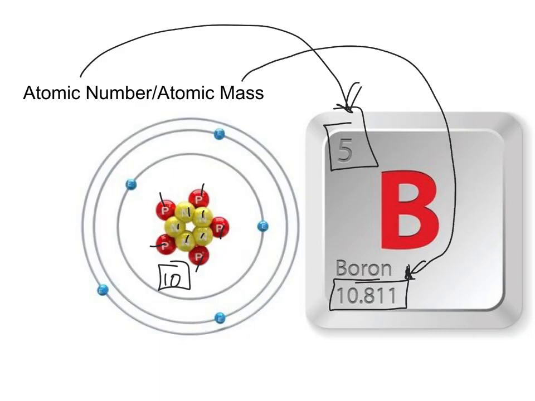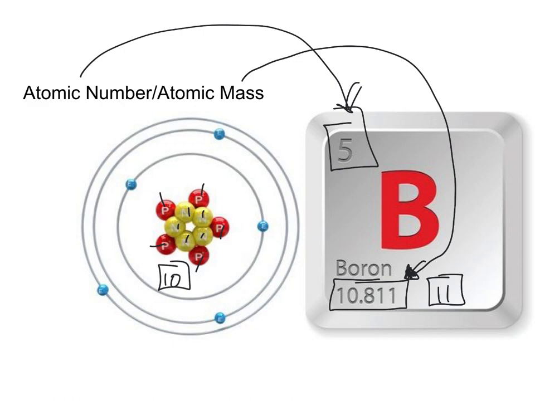It's not the mass number. What it really is, is a weighted average of all of the different isotopes that occur in nature. So, for example, this number is very close to 11. The boron isotope that has a mass number of 11 would be the most abundant in nature, right? The one that's most common.